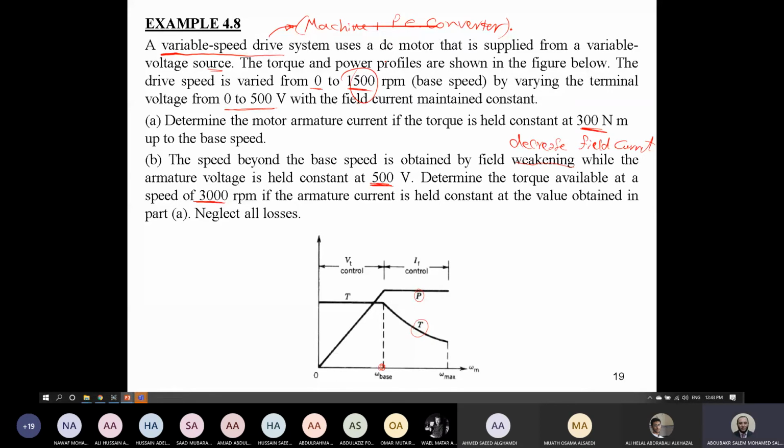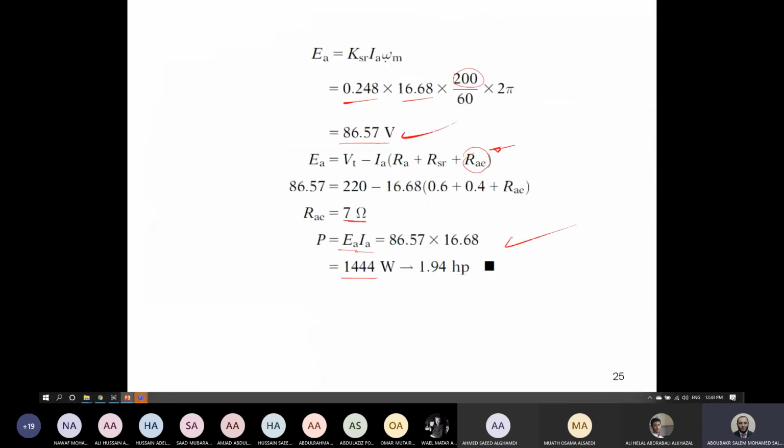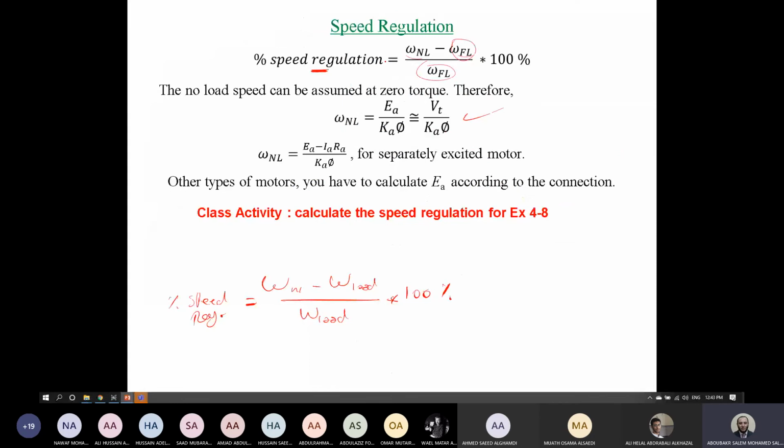How can we calculate? Sorry, base speed is no load. Speed of 1500 is the no load speed. So we have here the no load speed. So assume that we have another loading condition. So we have N no load equals 1500 RPM.